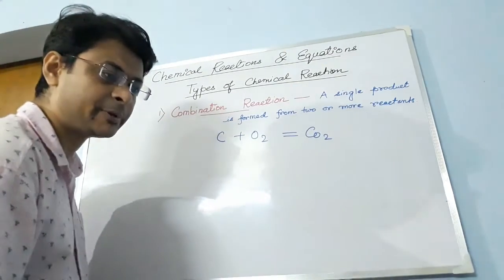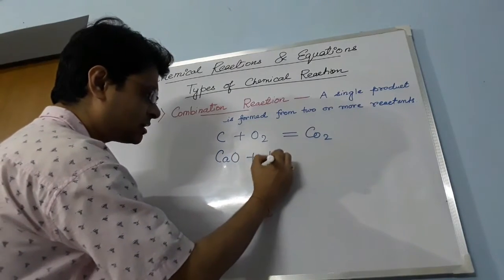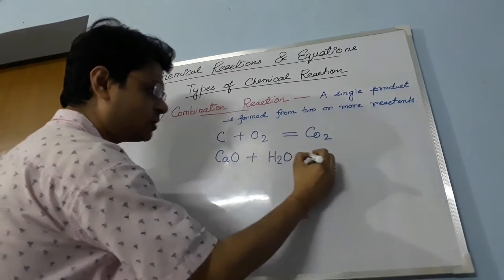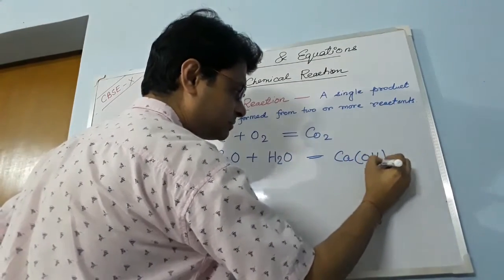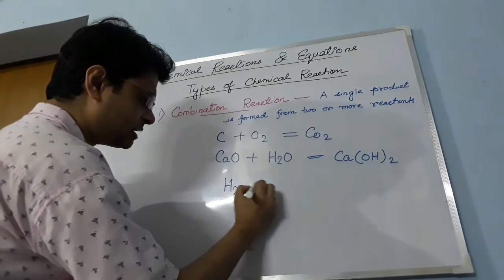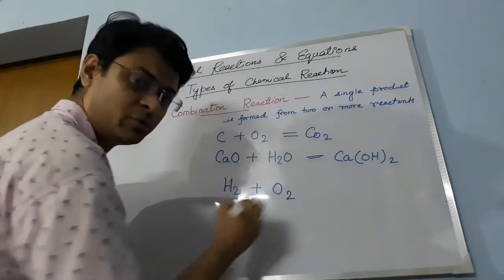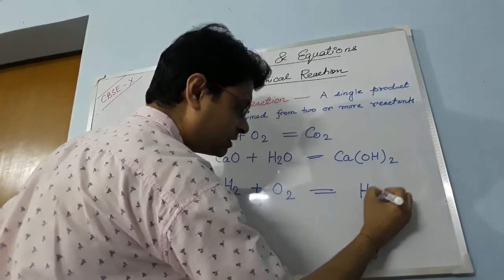Another example, quicklime, calcium oxide, combines with water to form calcium hydroxide. Suppose hydrogen and oxygen, both of them being gases, combine together to form water.